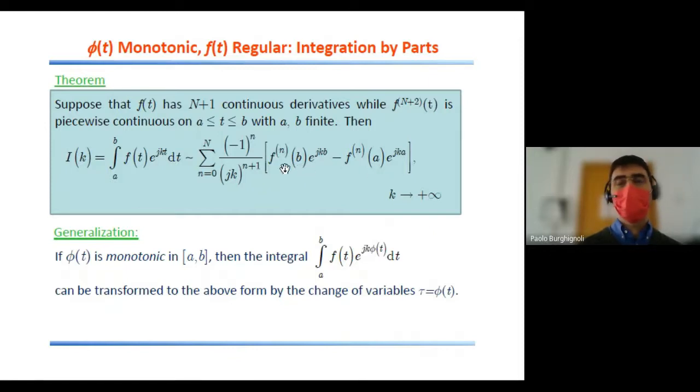You can see the values of the function f and of its derivatives up to the order capital N. And in front of the brackets, you can see this fraction in which you can see the progressive powers of the large parameter k. Also, in this case, this result can be generalized to allow the existence of a function phi in the exponent, which is monotonic, because also in this case, you can reduce to the standard Fourier integral by a simple change of variables. Okay, so this is the first asymptotic result.